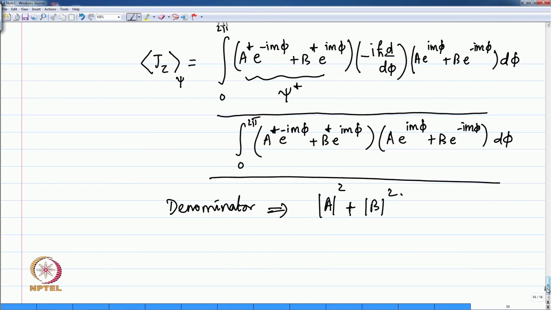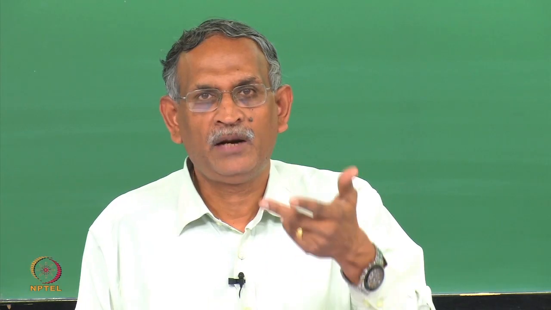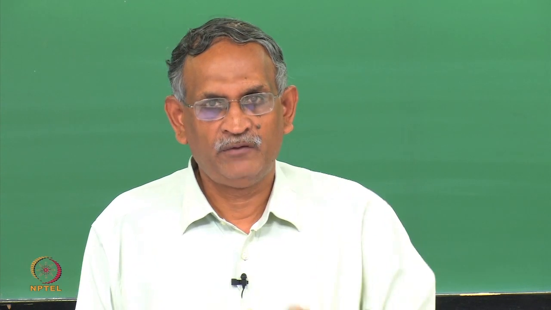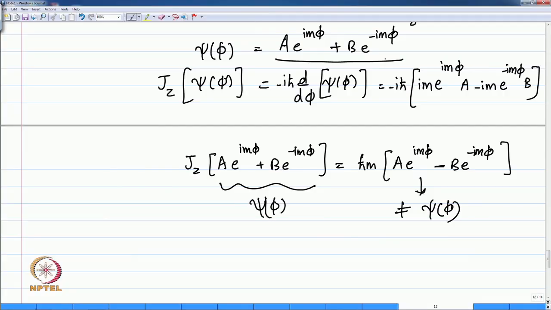Is this state an eigenstate of the energy operator, this linear combination? Of course it is. Please remember, the energy operator has d square by d phi square, a second derivative operator. The minus sign which comes in when you operate the derivative on this function once is cancelled, and it becomes plus m squared. Therefore, you get the energy.